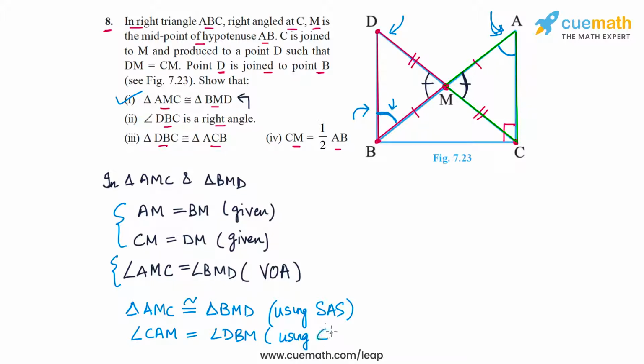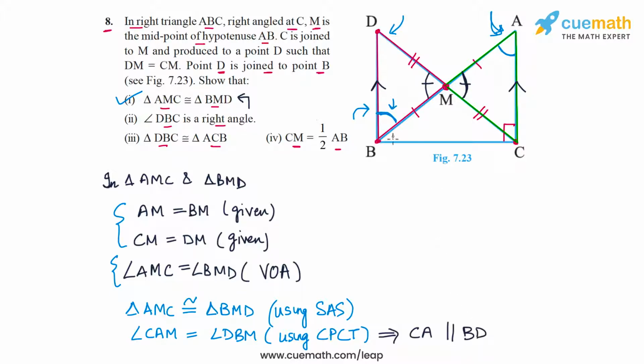And now you can see that these two angles CAM and DBM, they are alternate interior angles, and if they are equal, this means that these two lines must be parallel. CA and BD must be parallel. So from this we can conclude that CA is parallel to BD.